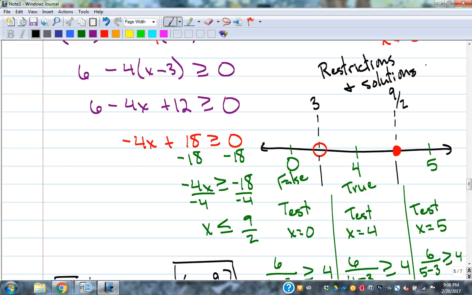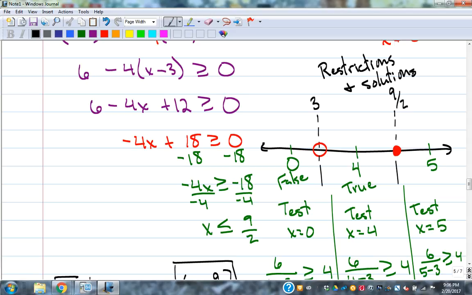So those are the places that you're going to put. You're always going to test not the number that is on that spot, but to the left of it and to the right of it, in each place. So we're picking a number that's less than 3 to go to the left of it. We're picking a number that's between 3 and 9/2 to go inside of here. We're picking a number that's bigger than 9/2 to go here. That's how you're always going to pick those numbers.